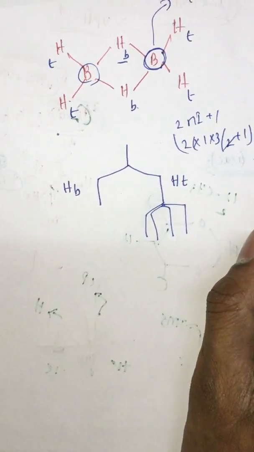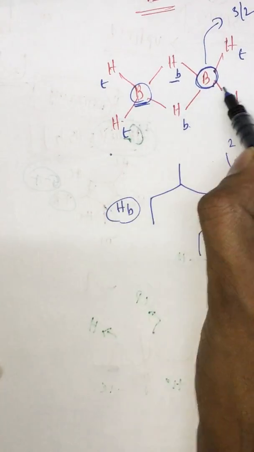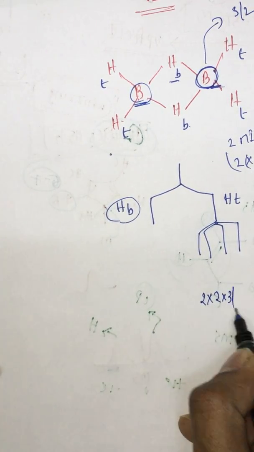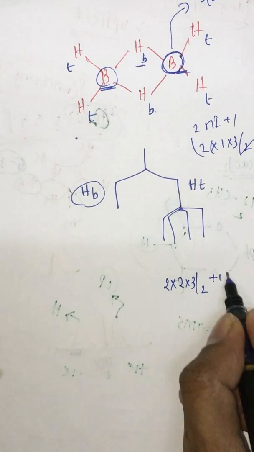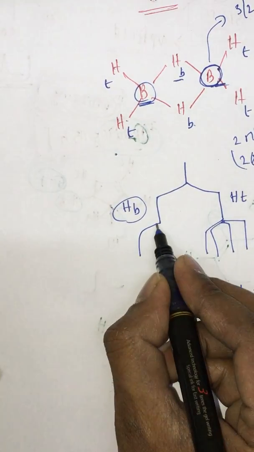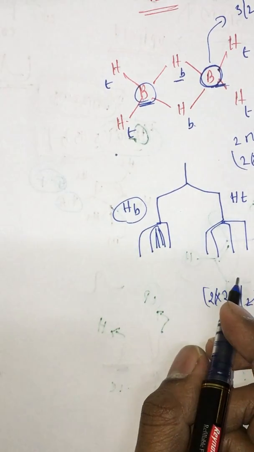Whereas the bridged one is attached to 2 borons, so 2 into 2 into 3/2 plus 1 will be a 7-line signal.